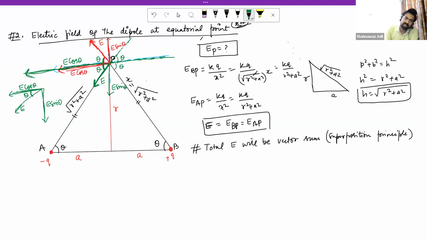If you understand this diagram, then all the questions would become simple. Do you understand this diagram, or should I repeat it? Because this is the most important diagram. If you understand this diagram, then you can do all these questions very simply. But if you don't understand, then it would be difficult.